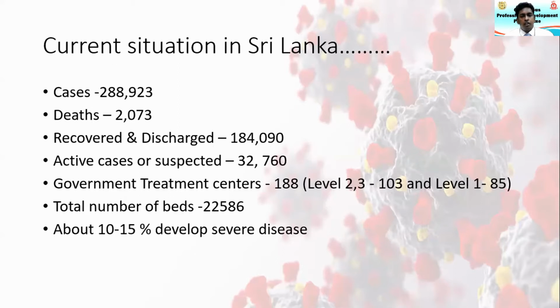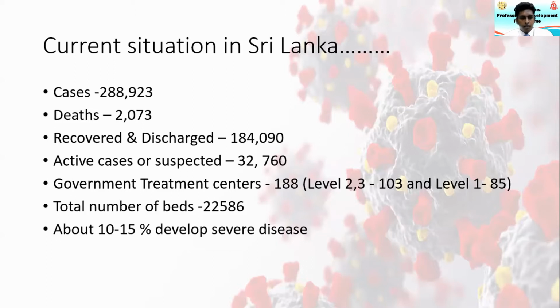And we have recovered patients, about 184,090 recoveries, and active or suspect cases currently on the way to treatment centers or under treatment, 32,000.